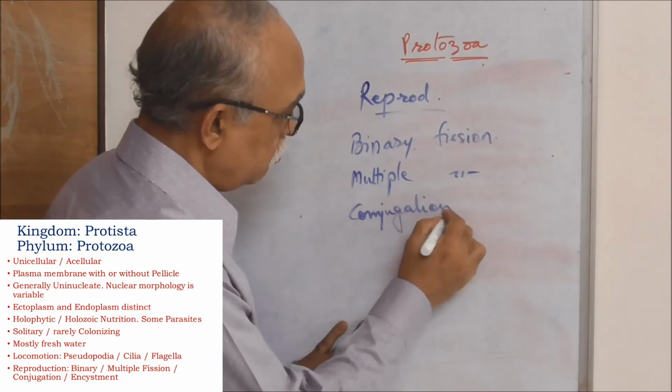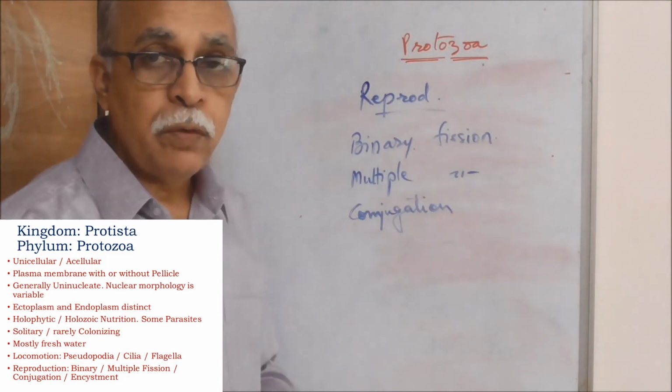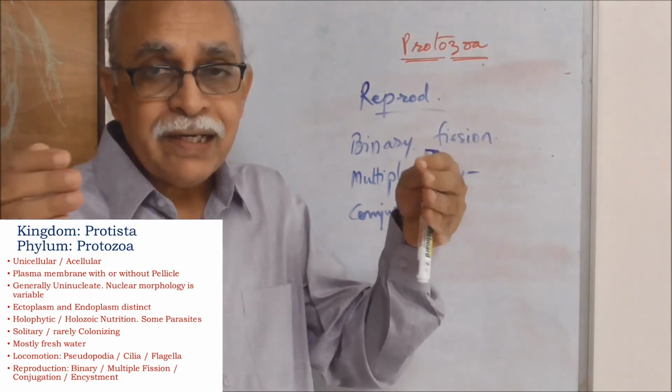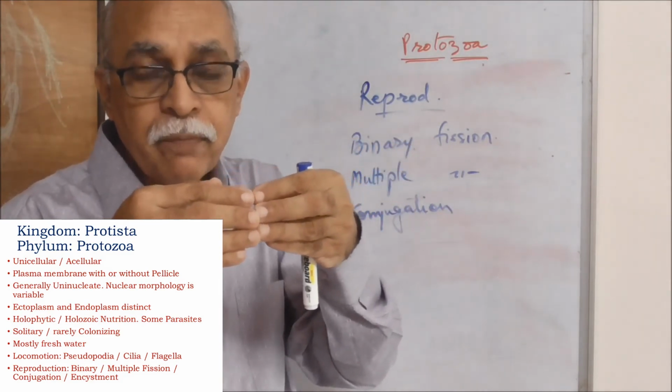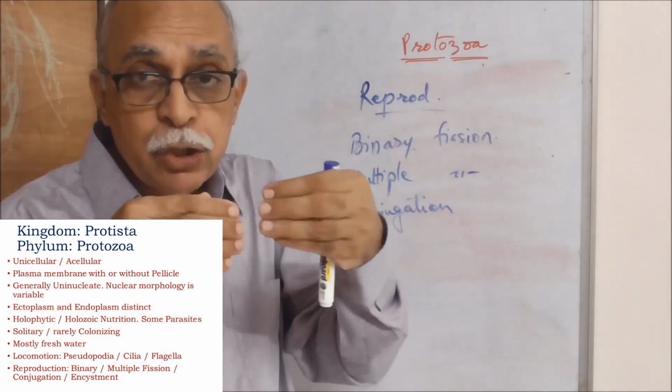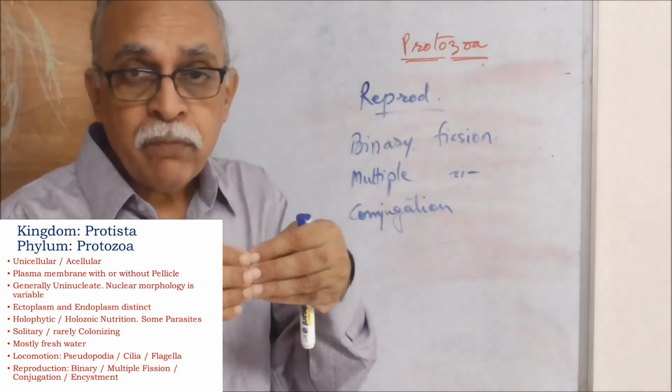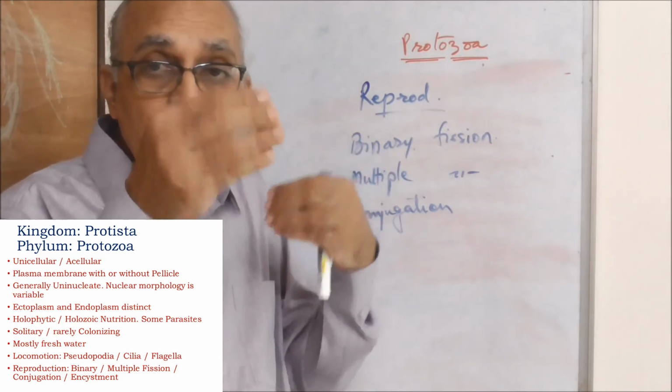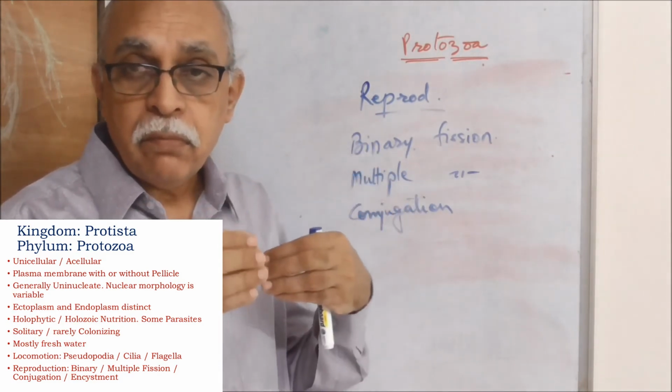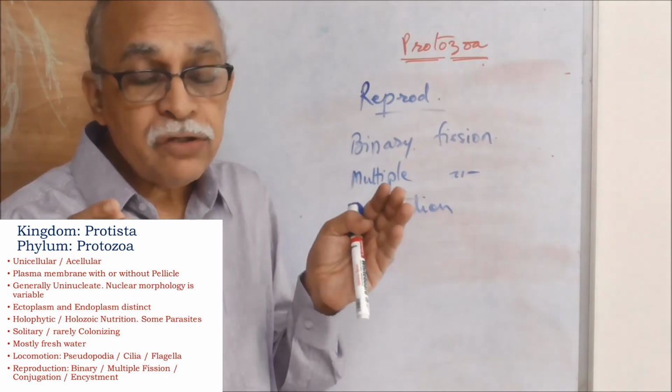conjugation. Conjugation would mean two cells will come together. A cytoplasmic bridge would be established between the two. Nuclear contents will be exchanged, not the whole.